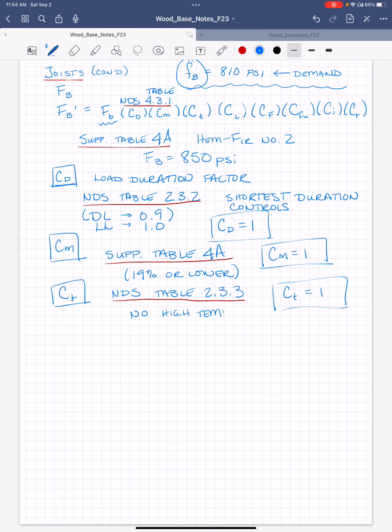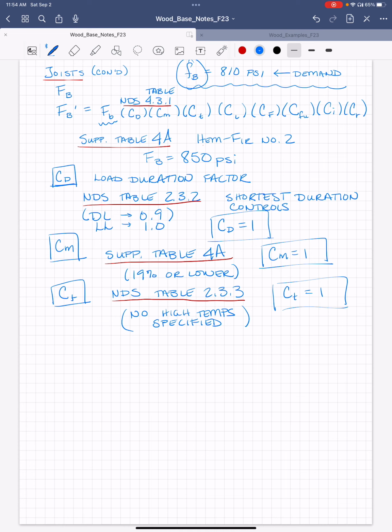They didn't tell us anything, so we have to assume, since this is a problem given to us, that there are no special high temperature considerations. This would be extended periods of time above 100 degrees, which is not typical. All right, so these go pretty quick, but you have to check each one of them.